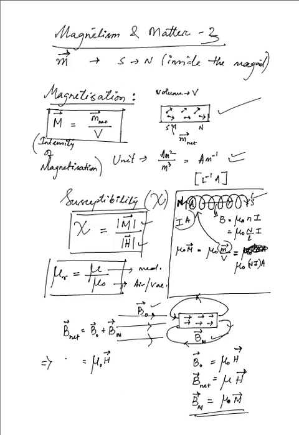So this is n times I into A, and that divided by volume. Volume, as you know, is simply L cubed, and A is the square of length. So mu naught n I L squared divided by L cubed.